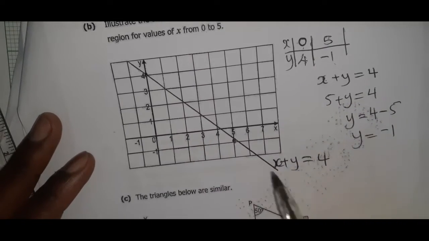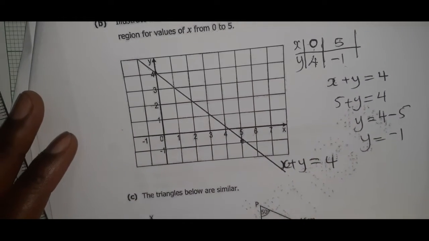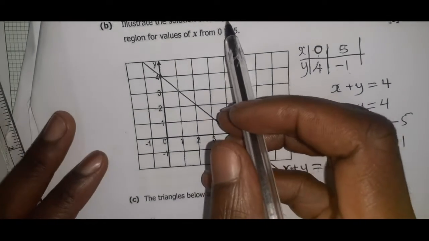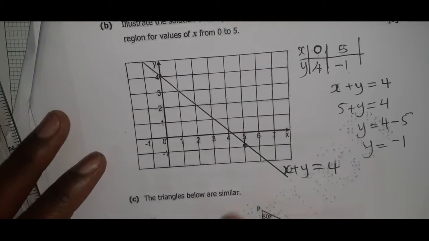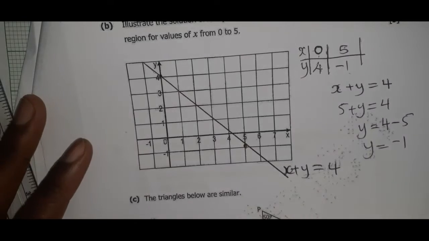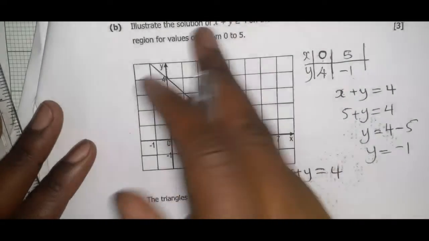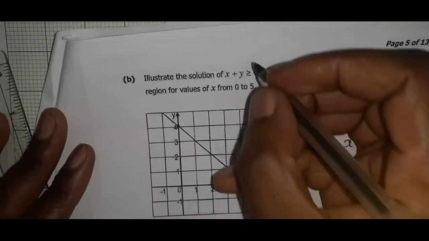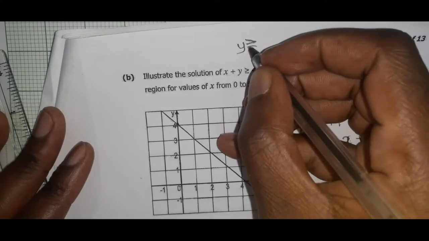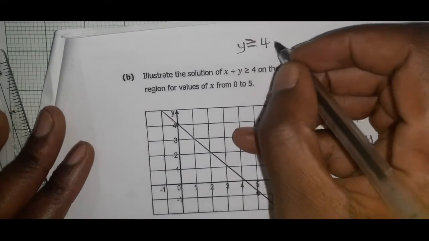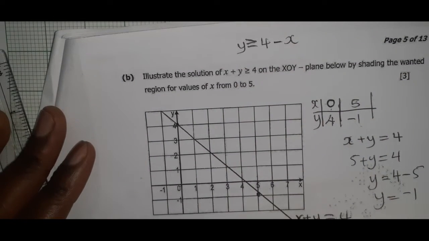In terms of an equation, this line is an equation, so we need to write it like this one. And we are shading the region that is true. Okay. So how do we determine the region that is true here? Usually you pick coordinates from this side and then use to test there. But we can even say y is greater than 4 minus x, where we make y the subject of the formula.